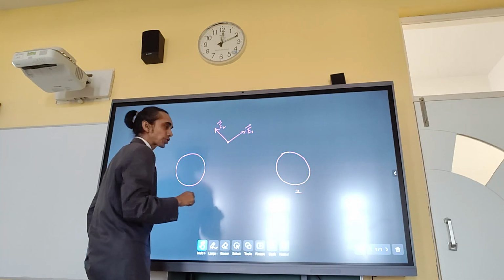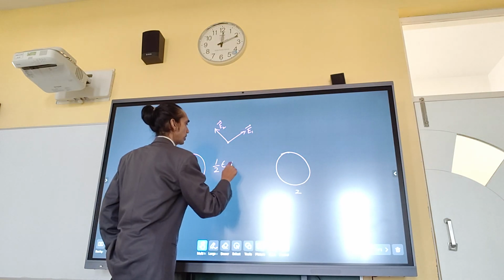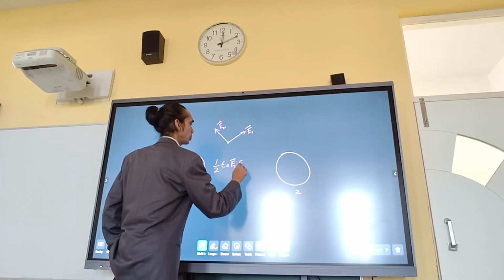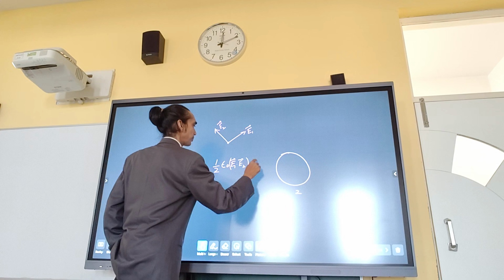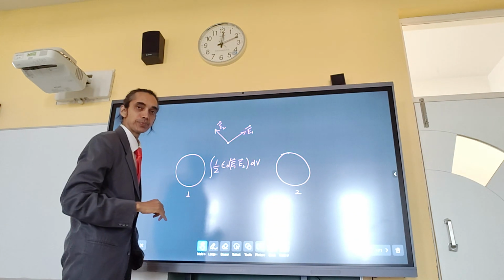What they ask is to find the value of half epsilon naught E1 dot E2 all into dV. Now we have to understand what this equation is all about.